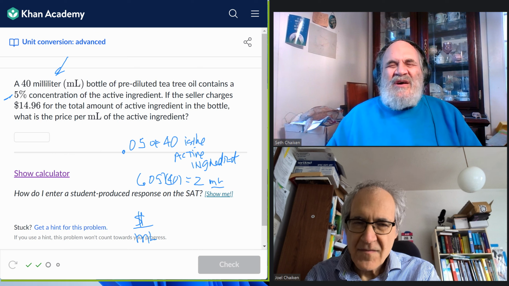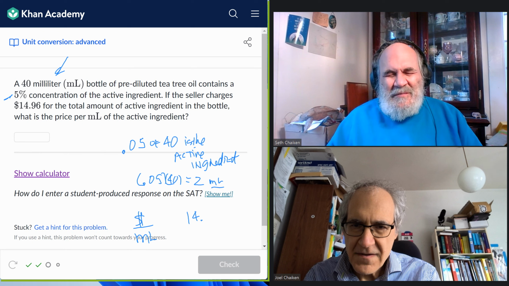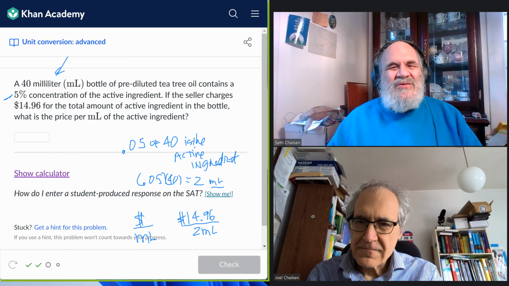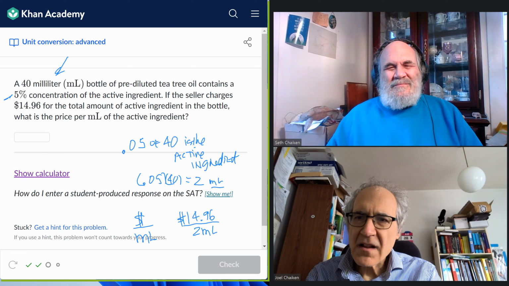So you take the price of that quantity, $14.96, and divide by the amount of that quantity, 2 milliliters, and you get the price per milliliter. So you divide $14.96 by 2 milliliters, and what you get is dollars per milliliter. Which is what you wrote.